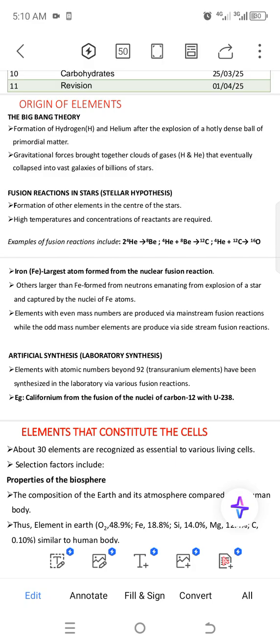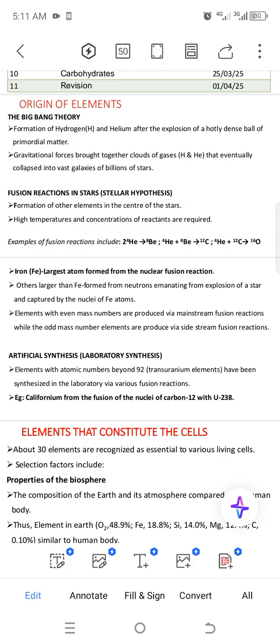Primordial matter is more or less like pre-existing matter. You get it? So something that was there already, and all of a sudden the thing just exploded. So after that explosion, then we had hydrogen and what? Helium.